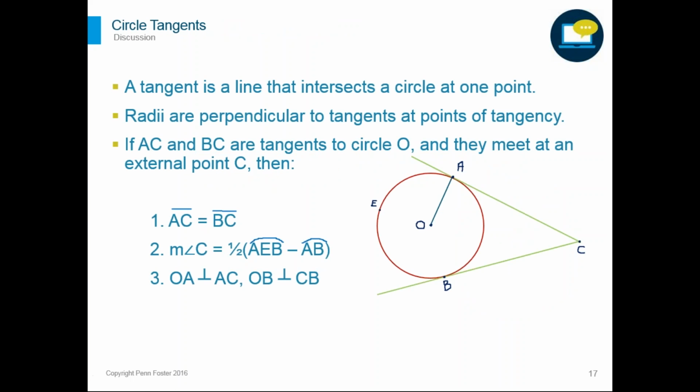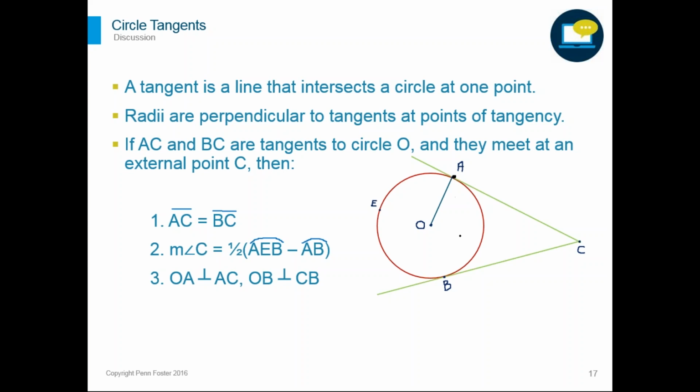Okay, let's see another topic, tangents. So tangents with circles are just lines that intersect the circle at one point that we call the point of tangency. So, example, on that figure, AC is a tangent to circle O because AC intersects circle O at A, the point of tangency.